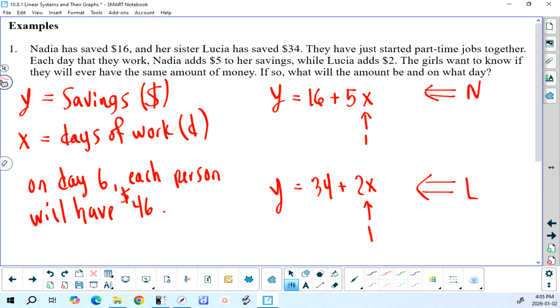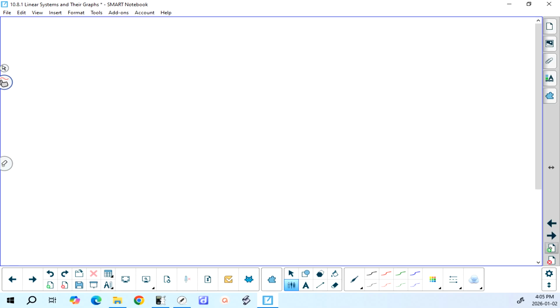Now you could have just done that with a table of values. You could have said the following. Day 0, 1, 2, 3, 4, 5, 6. Y for Nadia starts at, I think, $16. Y for Lucia starts at $34. Nadia's goes up by $5 each day.